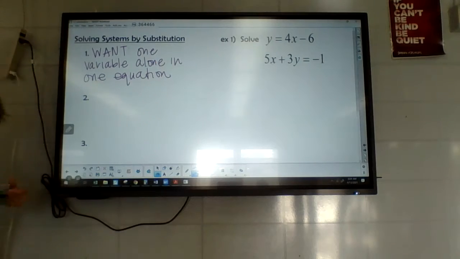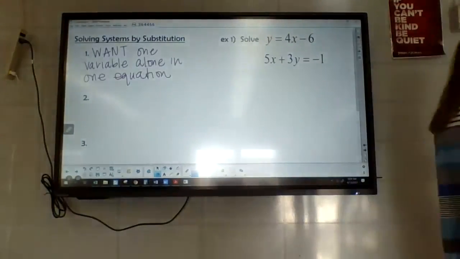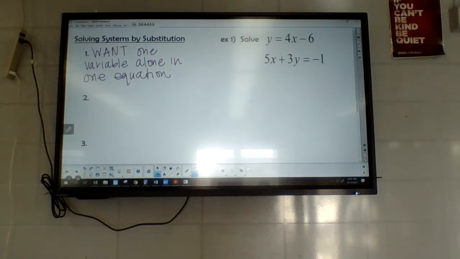Now this first step is probably the most important step for this. If you don't do this step, the rest of the method won't work. So getting that one variable alone in one of the equations is going to be really important.